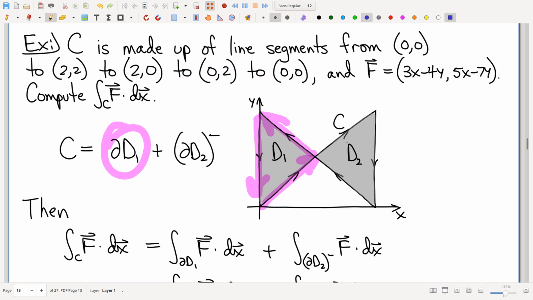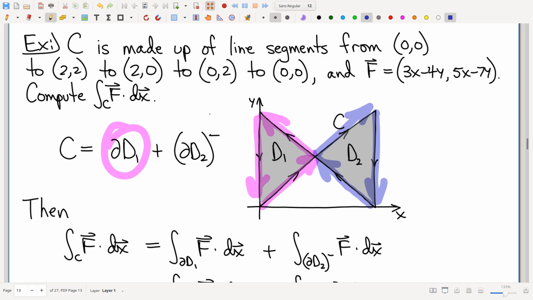You look at the other half of the problem here, right? I've got these 3 line segments, and again, it's tempting to call this a boundary, but it's not. It's going the wrong way. It's going what you're going to want to call clockwise. So it doesn't follow the rules.